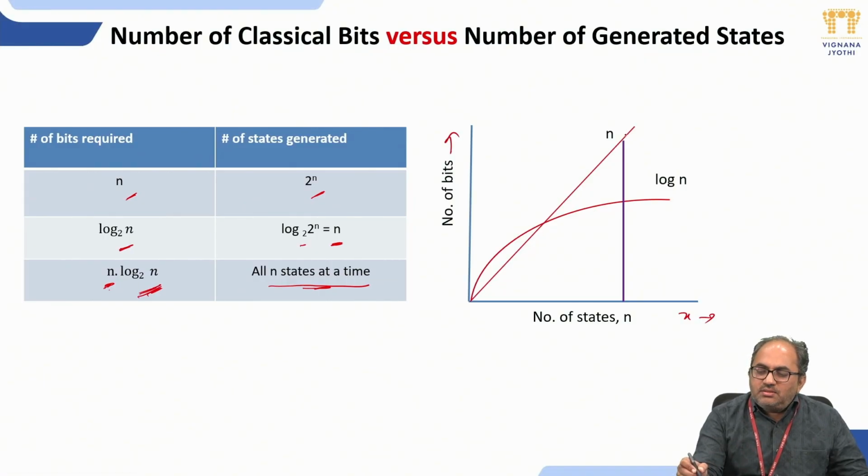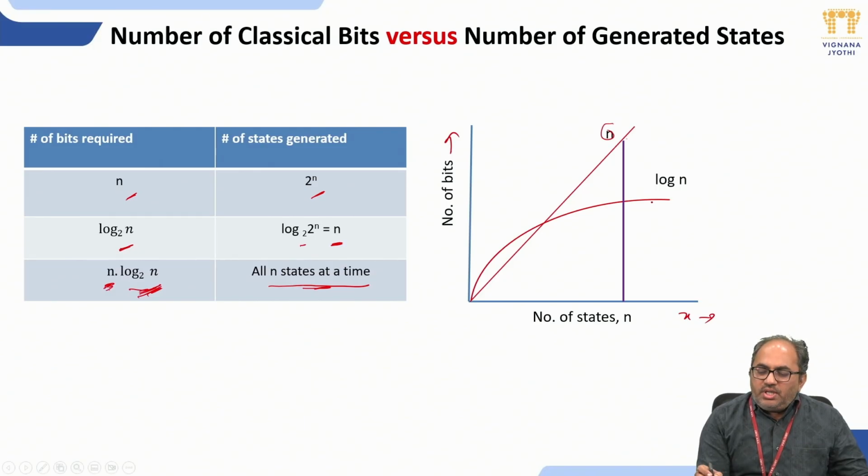The first line, this n, is linear, and indicates that as the number of states you want increases, the number of bits increases linearly. Next one is the logarithmic function. As the number of states that you want to generate increases, this part increases logarithmically.